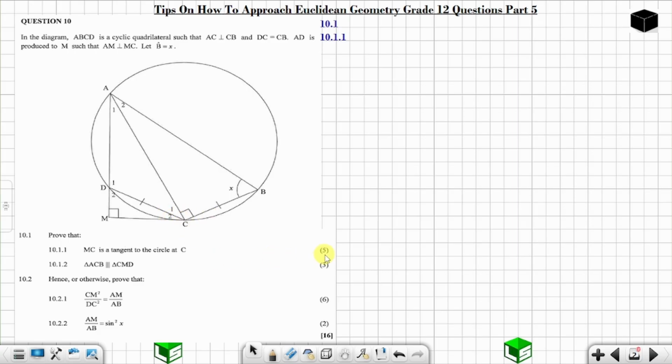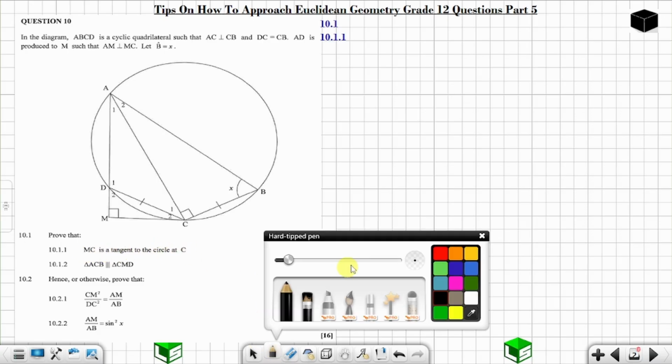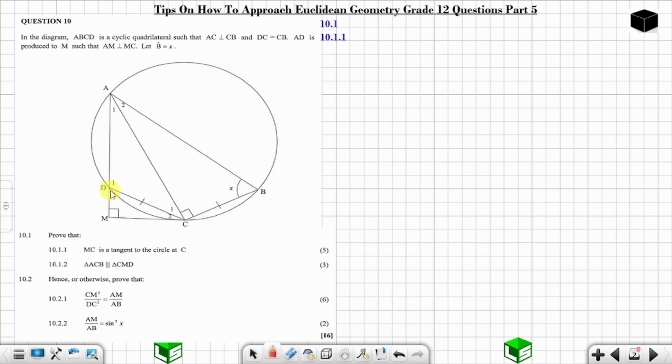Okay, 5 marks. So to prove that this line MC is a tangent, you can use the chord DC and the line MC. So you are going to prove that this angle is equal to the angle in the alternate segment.